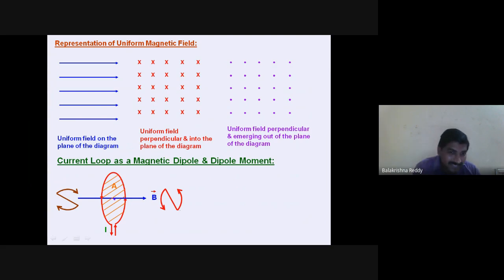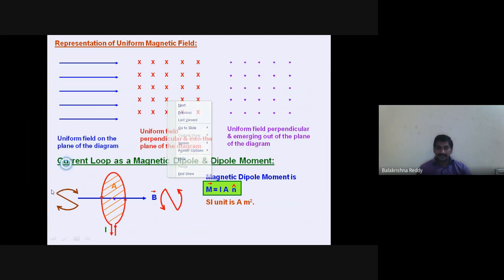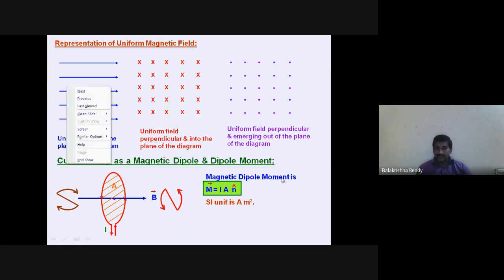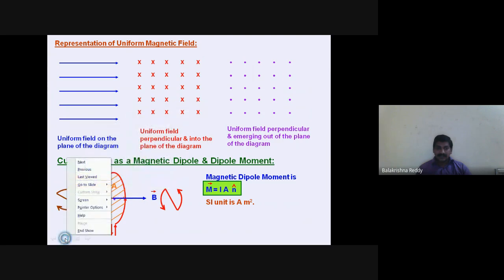In electrostatics, a dipole is a positive charge and a negative charge. But in magnetism, a dipole is a bar magnet, north and south. In the loop also, it is north and south like this. That is the formula for the magnetic dipole moment. This is the magnetic dipole moment which we are seeing here.